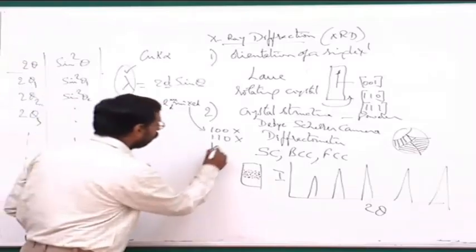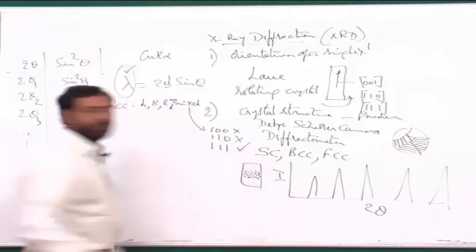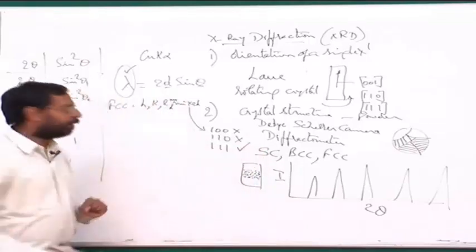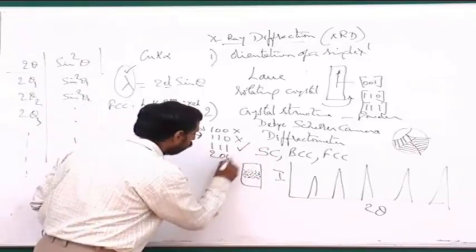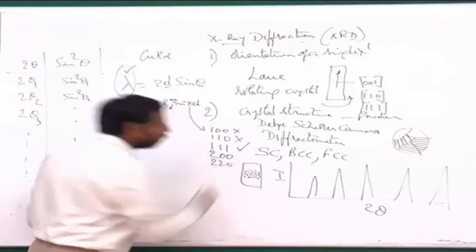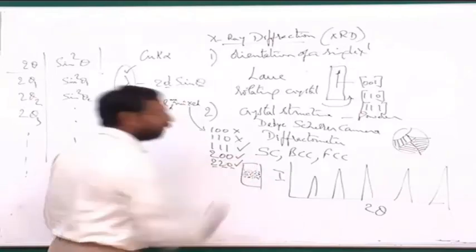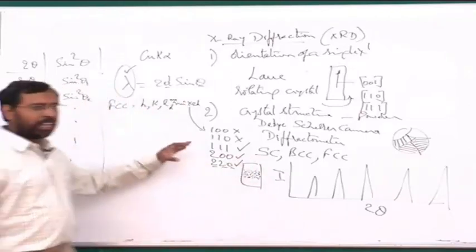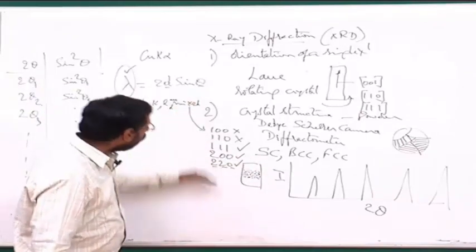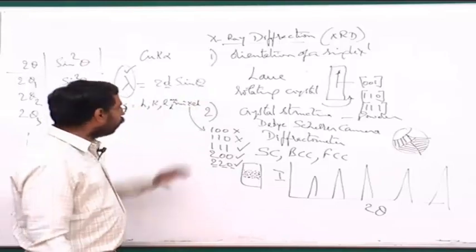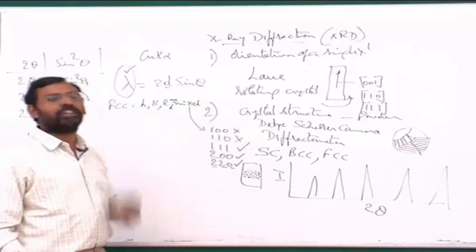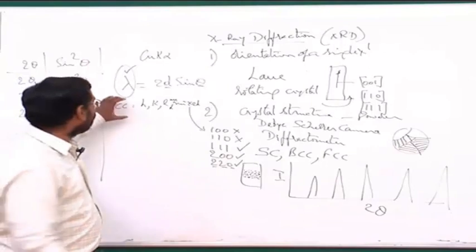For example, 111, you will see this because all of them are odd. Similarly, 200 or 220, things like this, because they are all even. So you will see these peaks. By looking at the HKL planes, we know which kind of planes exist and which kind of planes do not exist in an FCC.